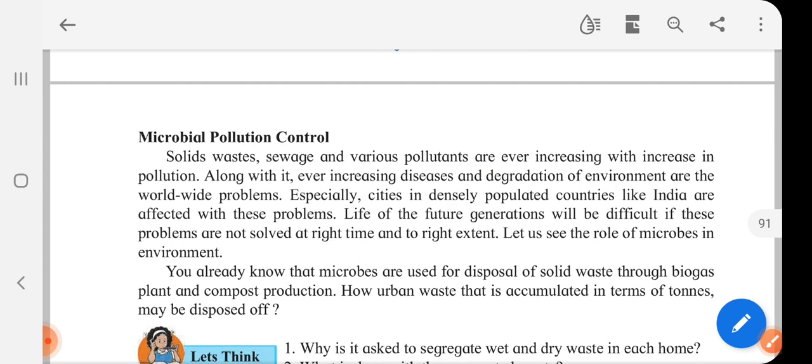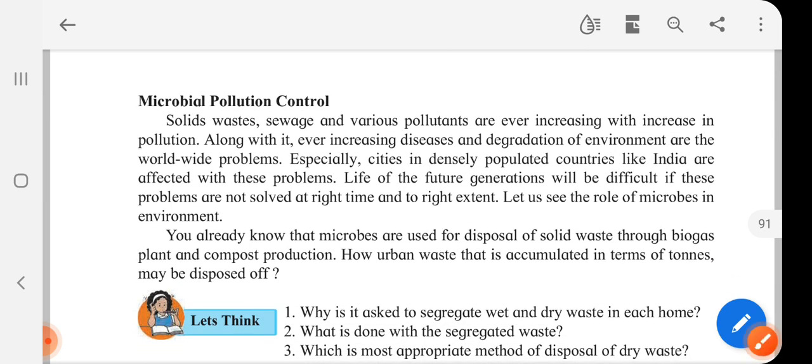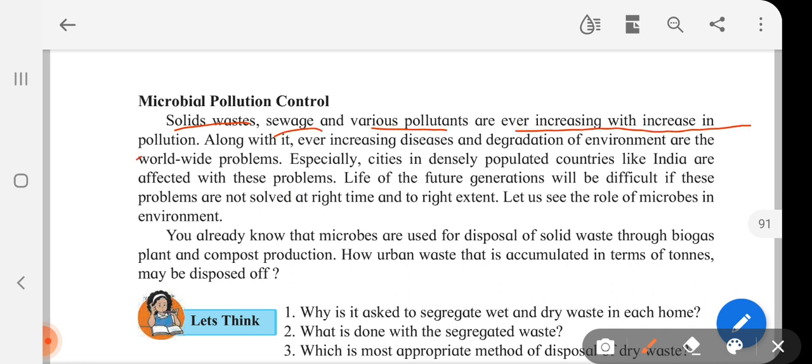Now, if you talk about microbial pollution control, microbes can also be used to control the pollution, like solid waste, sewage, and various pollutants are ever increasing with increase in pollution. Along with it, ever increasing diseases and degradation of environment are the worldwide problems.